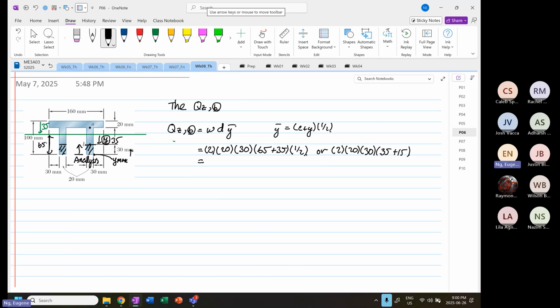times by 0.5 times by 30 times by 20 times by 2 is equal to 60,000 millimeter cube. Okay, let me do it. 2 times by 20 times by 30 times by 65 plus by 35 times by 0.5. Yep. Or, right, 35 plus by 15 times by 30 times by 20 times by 2, also the same.